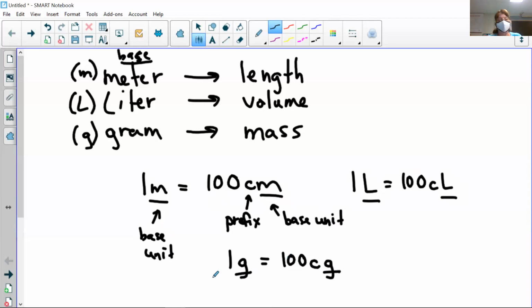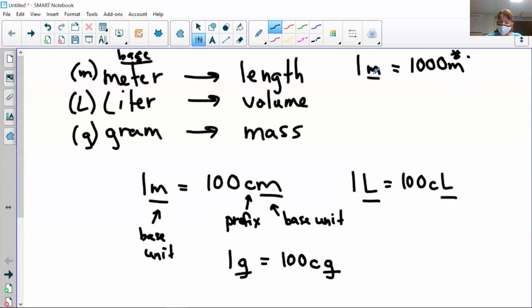All right, so now the 3 relationships you have to know. You need to know that 1 base unit, and I'm going to use the base unit meter in this case, okay, but I'll underline the base unit so that you know that's the base unit. 1 base unit is equal to 1,000 millis, okay, that's your prefix in this case. I'll put a star there for prefix.